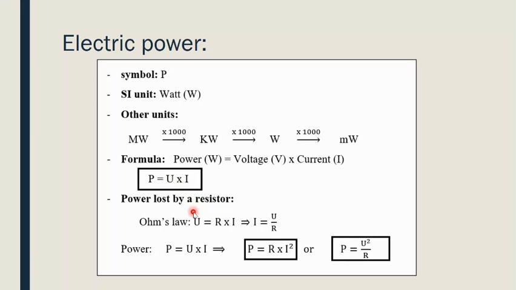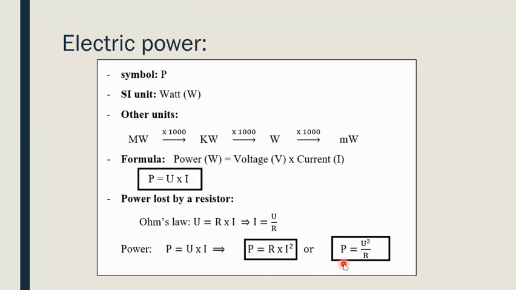In the case of a resistor, the power lost by a resistor, you remember Ohm's law, it's U equal R times I, and I equal U over R. So to return to the formula P equal U times I, you can replace U by R times I. So we get P equal R times I square.